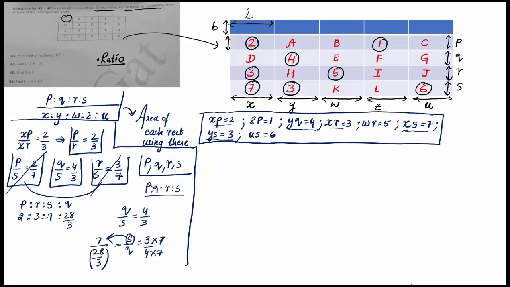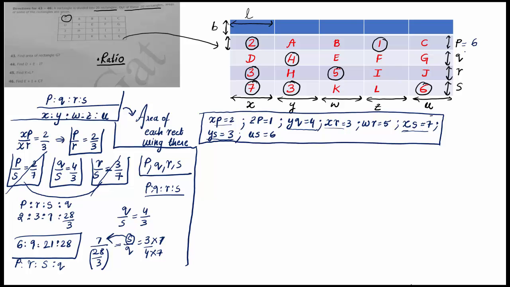But I want everything to be an integer so that the ratios would be simpler for me. So let's multiply this 3 into other values. So it would become 6, 9, 21 and 28. So these are the values that I have, right? This is P, this is R, this is S, and this is Q, right? So what is P? P came out to be 6.